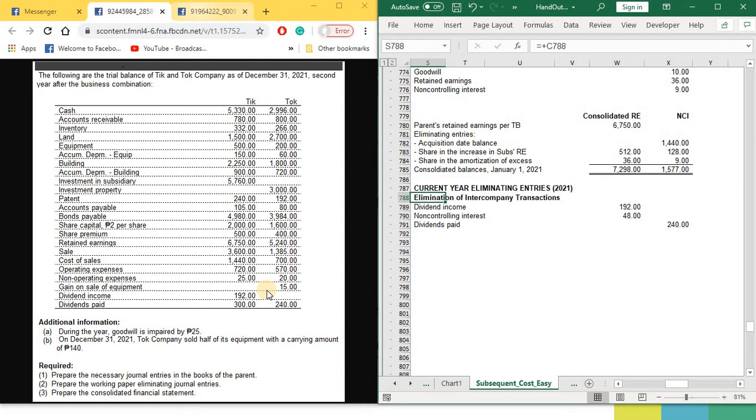That is why every movement in the subsidiary's shareholders' equity should have a corresponding change also in the non-controlling interest account. And since dividend payments will result to the decrease of the subsidiary's shareholders' equity, the non-controlling interest should also be decreased, however, only at 20%. So for this dividend, at 48 pesos.